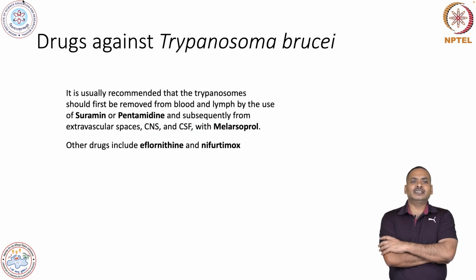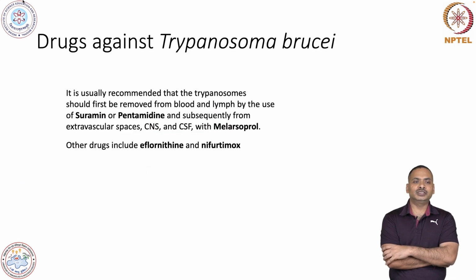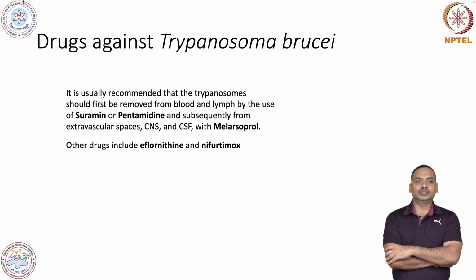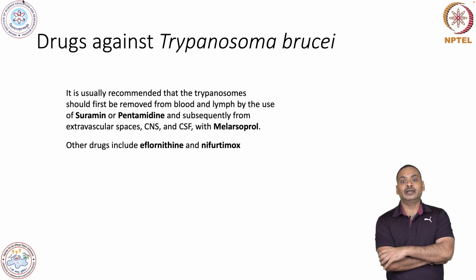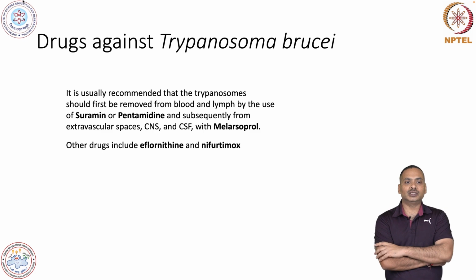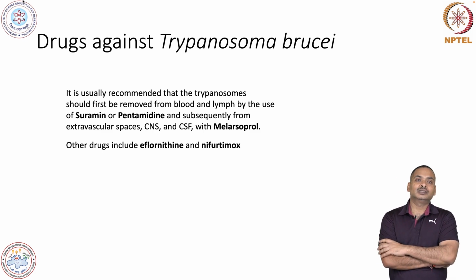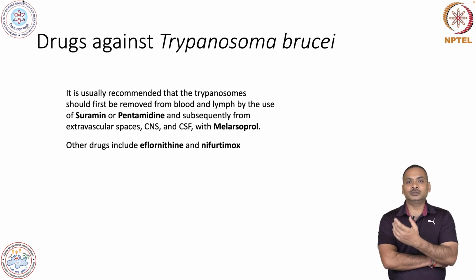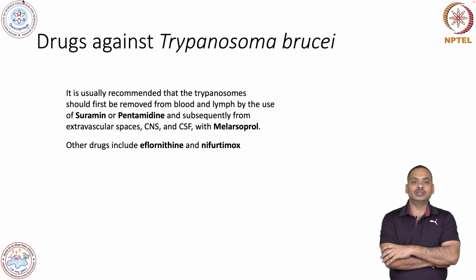Drugs against Trypanosoma brucei: it is usually recommended that Trypanosoma should first be removed from blood and lymph by use of the drugs suramin and pentamidine, and subsequently from the extravascular spaces, that is the central nervous system or cerebrospinal fluid, with these drugs.